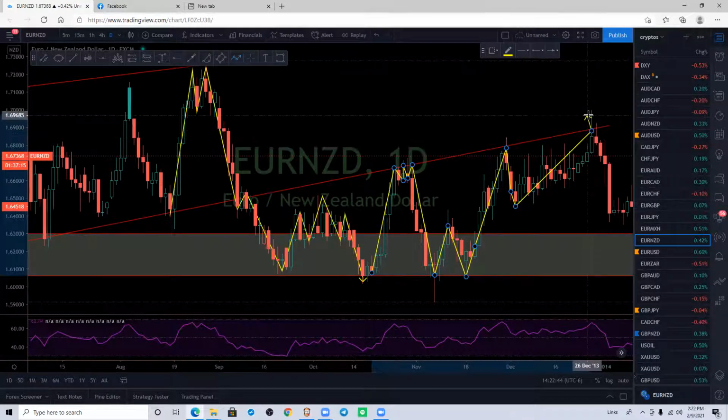Let's send the price up. We see rejection in the form of a wick. Price was pushed up, pushed back down, refused, rejected by the sellers at the trend, and then we see engulfing right here, and it goes down.